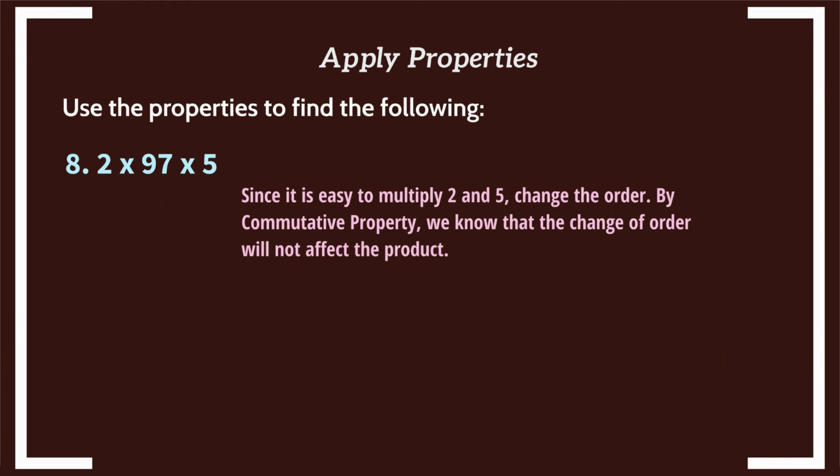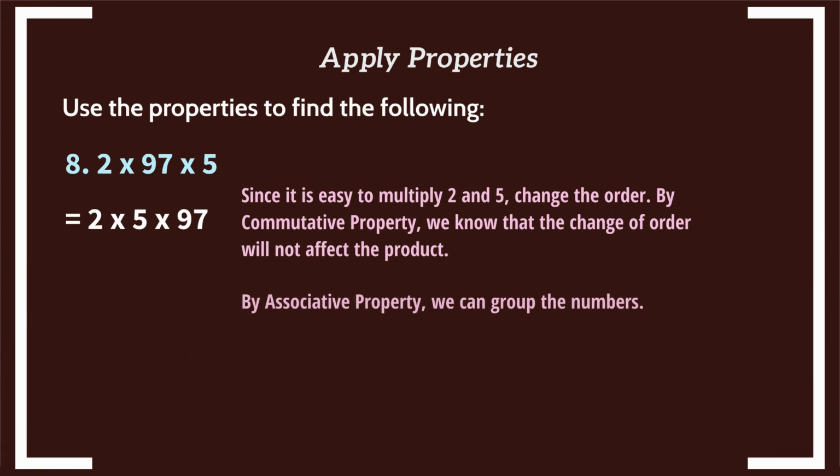By the commutative property, we know that the change of order will not affect the change of product, so this action is fine. The expression is now 2 times 5 times 97. There are 3 factors involved, so we can group them for us to know which one to solve first. By the associative property, we can group the numbers however we like.